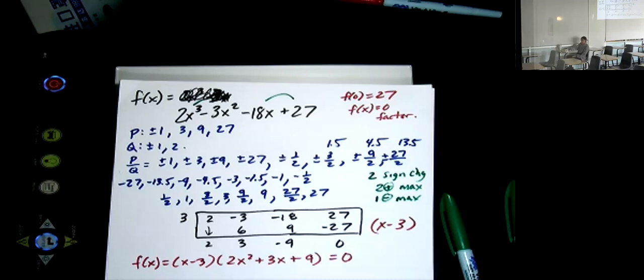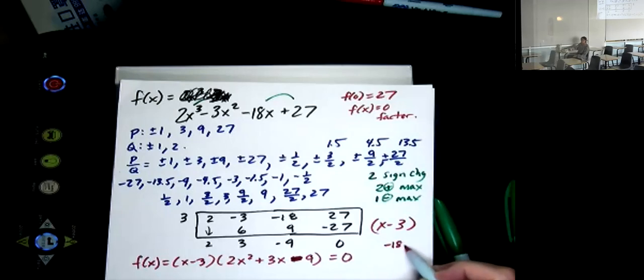Something that, oh, that should be a -9. Something that multiplies to negative 18 but adds up to 3. 6 and negative 3 work.